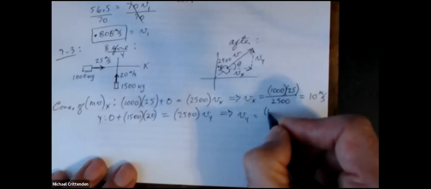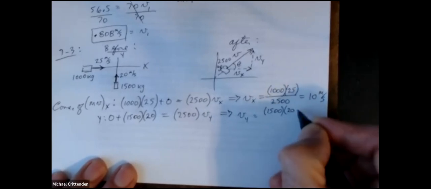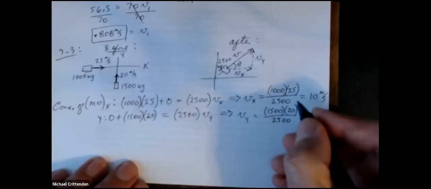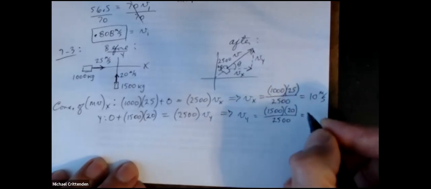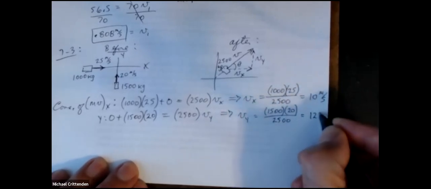Just like before, divide both sides by 2,500 to solve it for Vy. And that comes out 12.